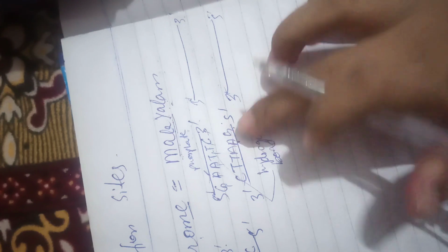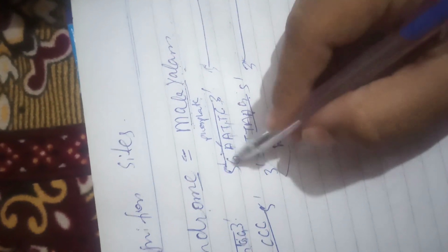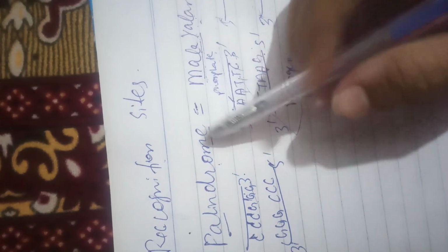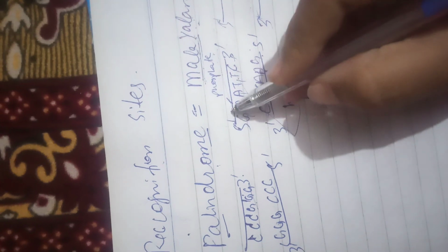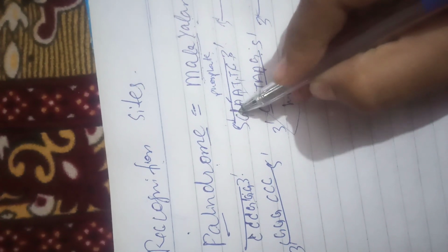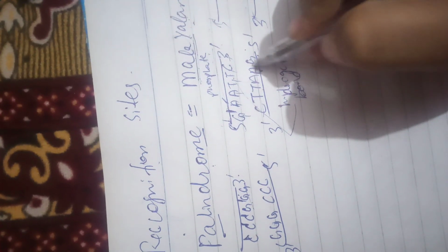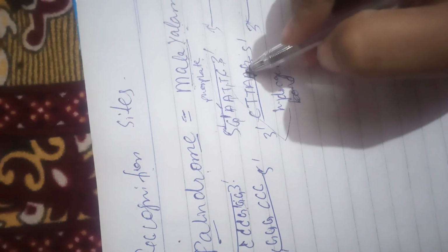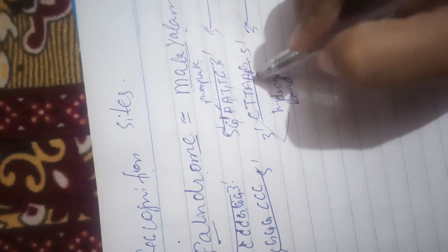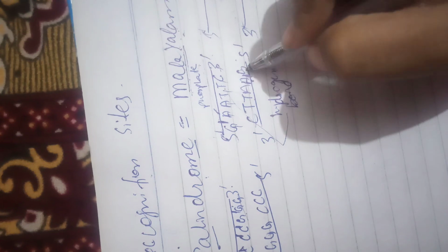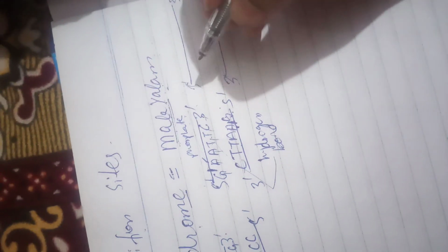Now we want to cut this. As I told you, the recognition site or restriction enzyme can cut from anywhere. So in the first strand it is cutting from here, and in this one it is cutting from this side. When these are cut from here and here, we are going to make separate structures.